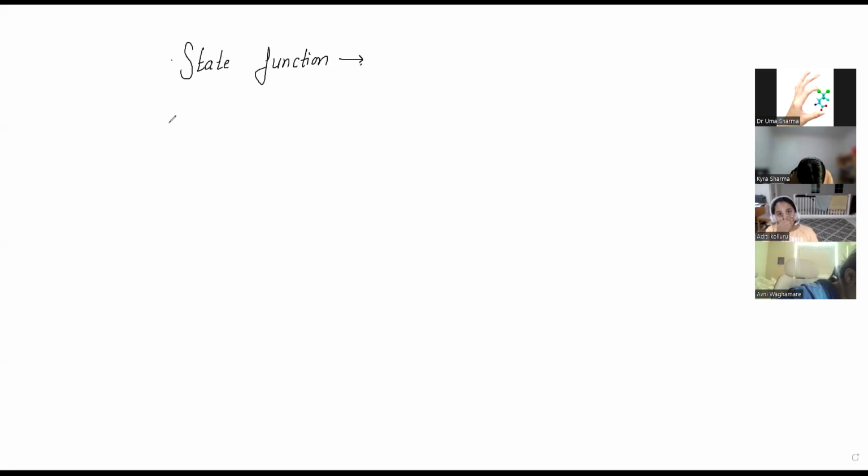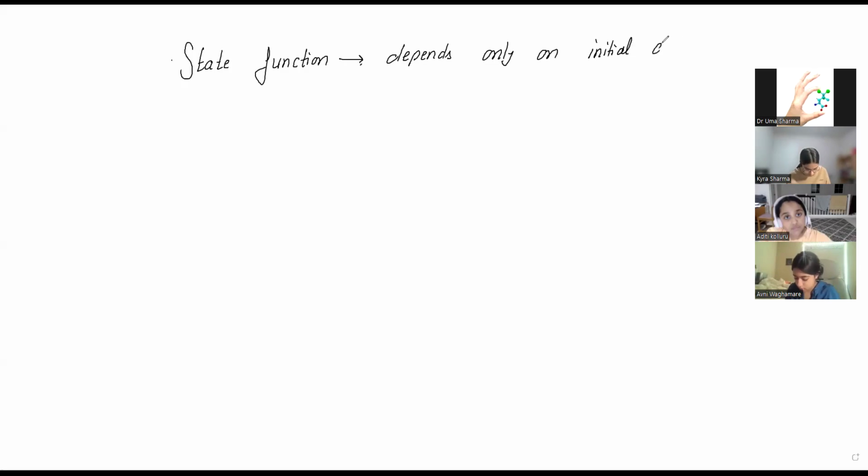A state function is a quantity which depends only on the initial and final states. What is the initial state and what is the final state?